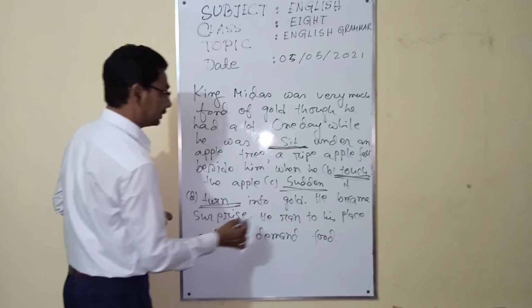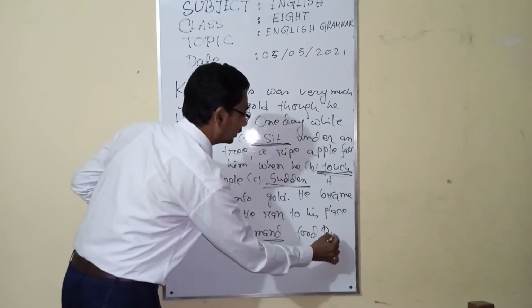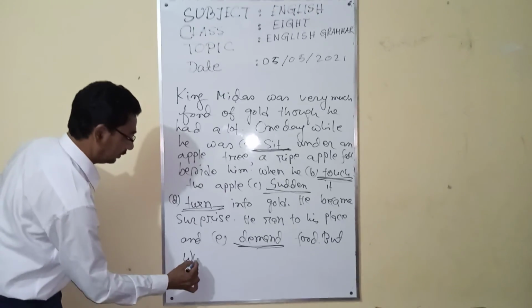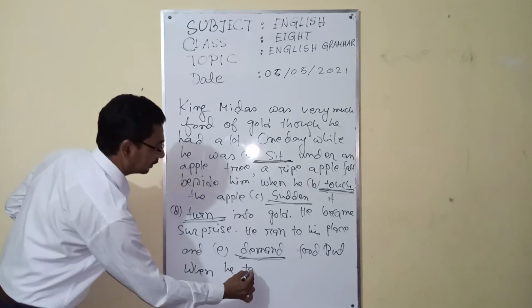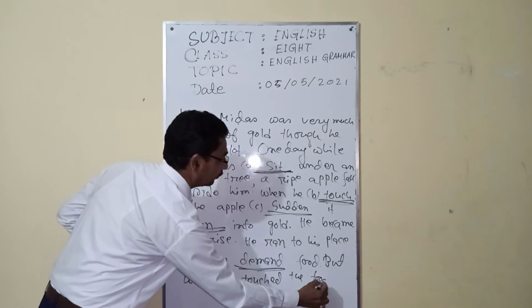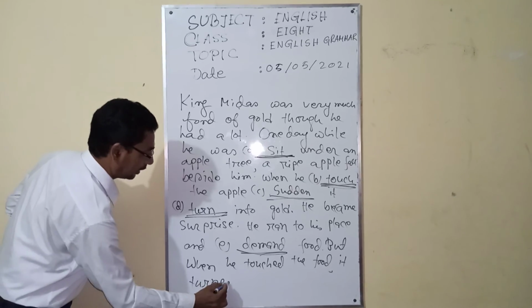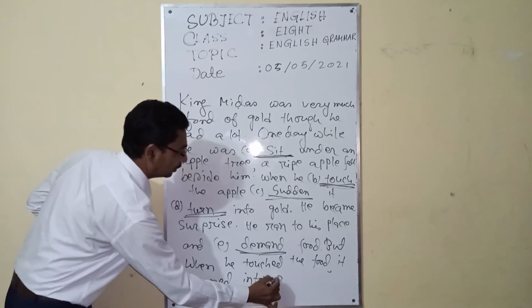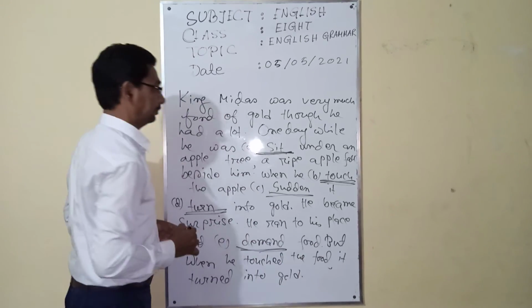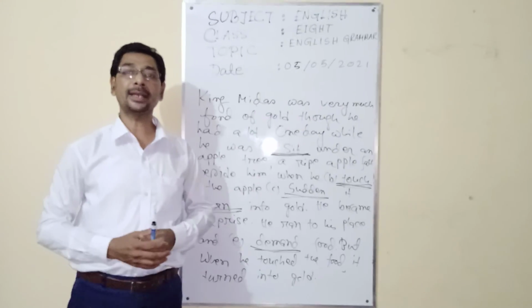He ran into his palace and demanded food. But when he touched the food, it turned into gold. This is homework for the students of class 8.